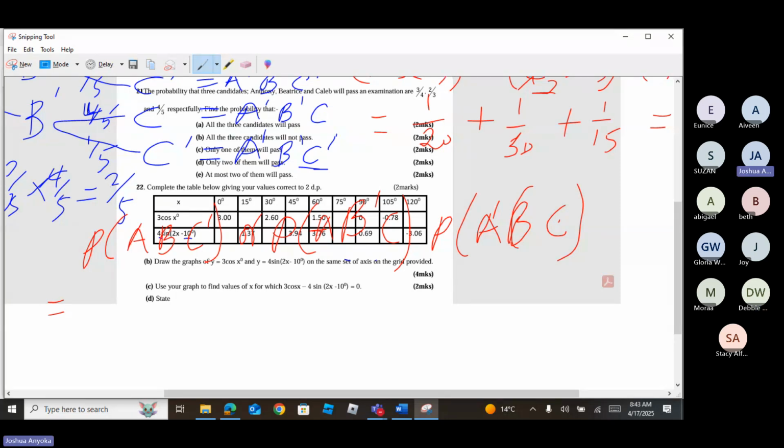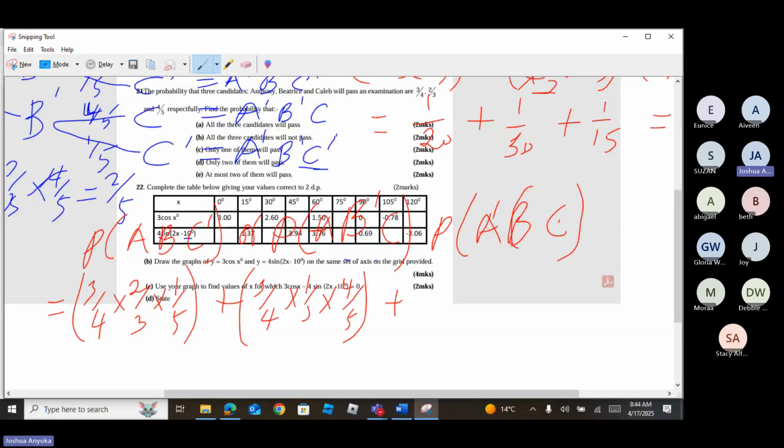This is the outcome. So this one gives us 3/4 times 2/3 times 1/5 plus 3/4 times 1/3 times 4/5 plus 1/4 times 2/3 times 4/5.